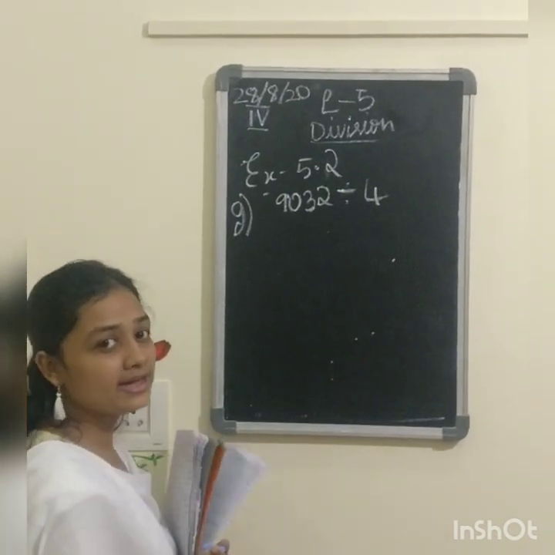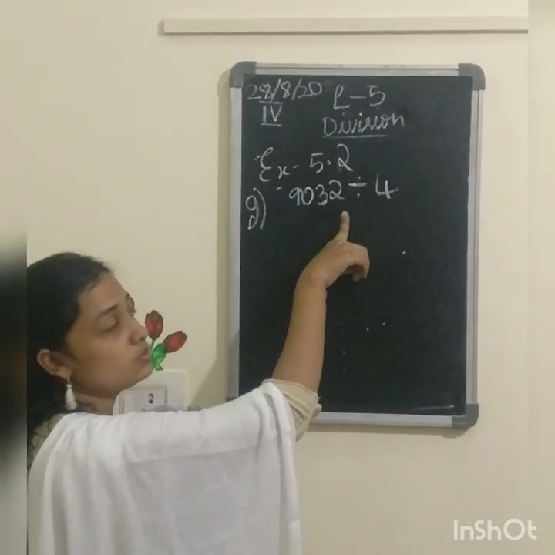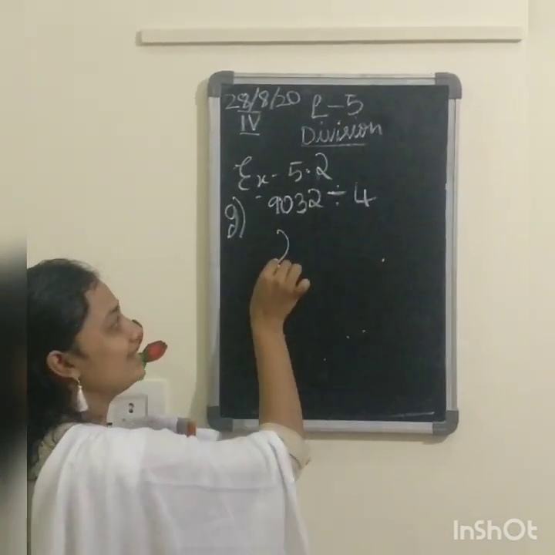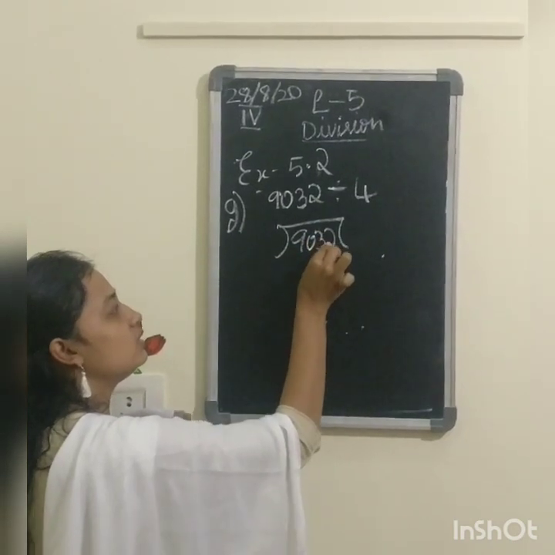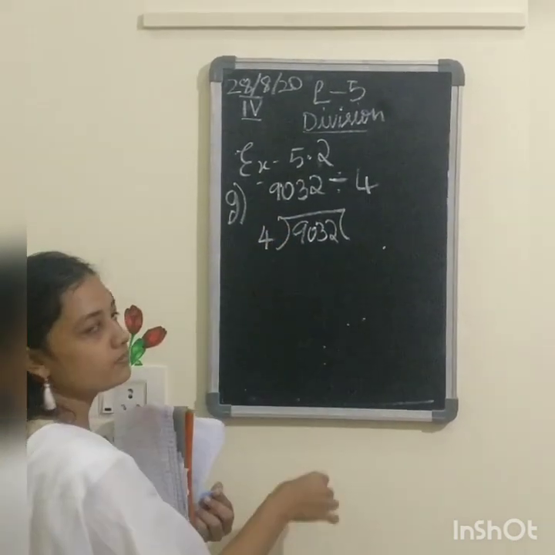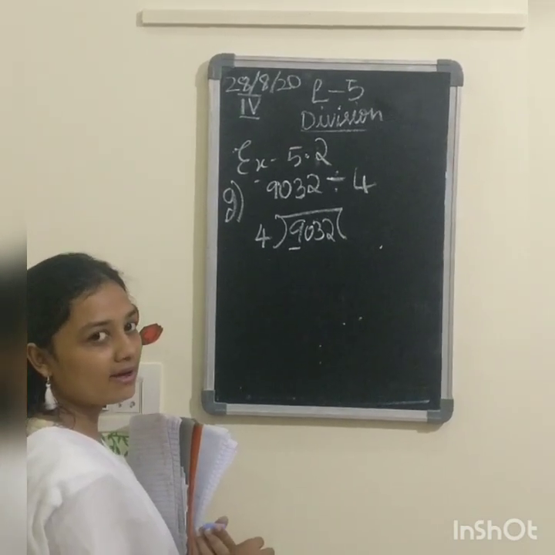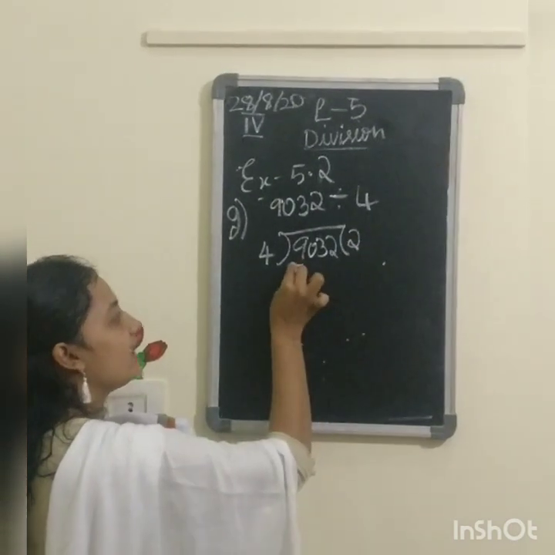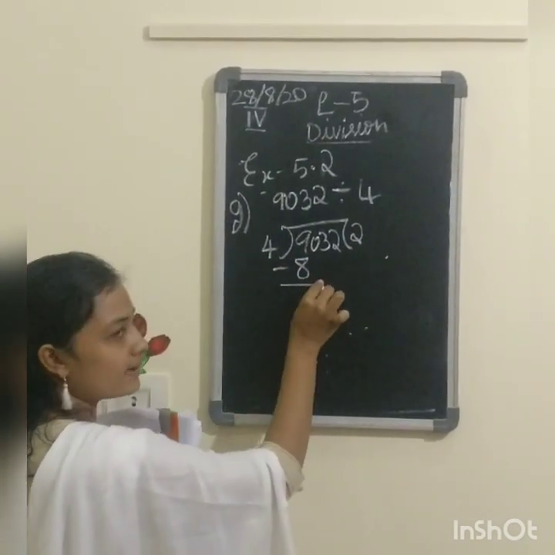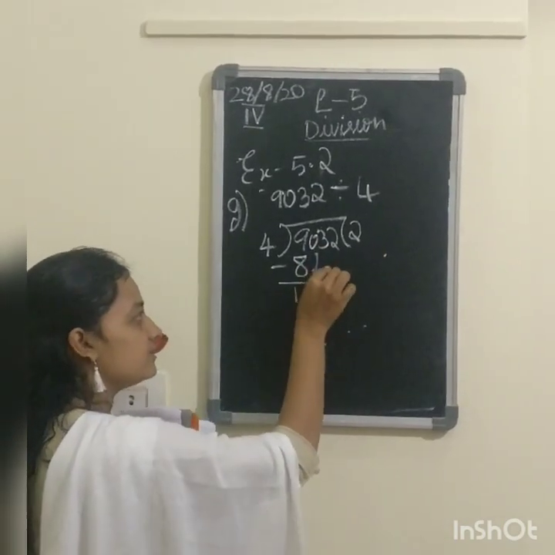Now take question G. I have 9032 divided by 4. Now let's start dividing. 9032 divided by 4. So first number, I have 9 and I have 4 2s are 8. So I write 2s are 8. Subtract, I get 1 and now bring down the next number 0.